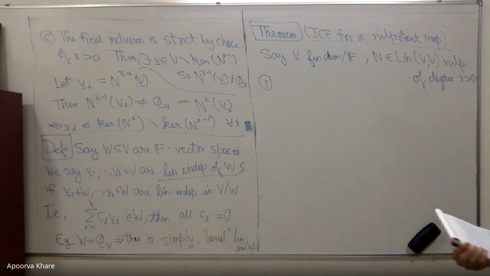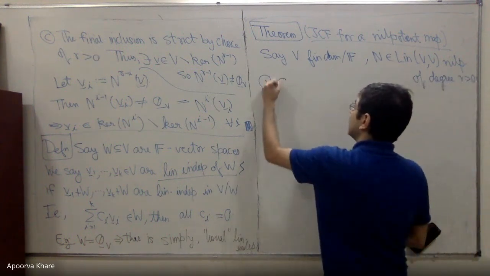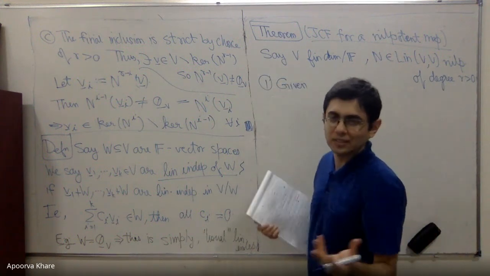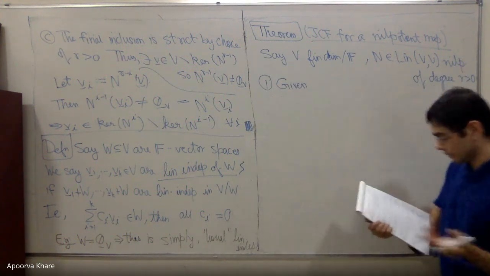So given a set, this is the real part to be proved, and the second part is the corollary that says the Jordan Canonical Form theorem is proved.